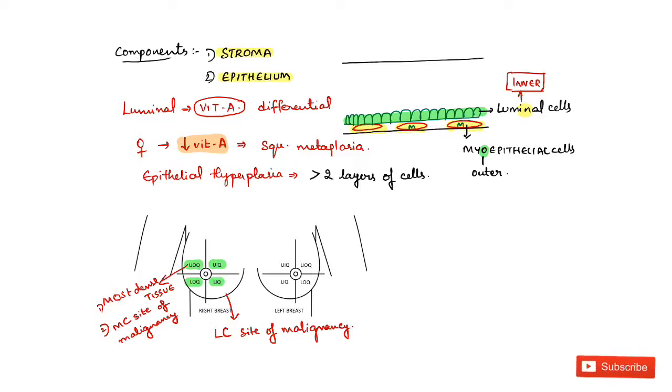Coming to the drainage, regarding lymphatic drainage, the outer upper quadrant drains into the axillary lymph nodes, and this area is the axillary lymph nodes. The inner quadrants of the breast tissue drain into the internal mammary lymph nodes.